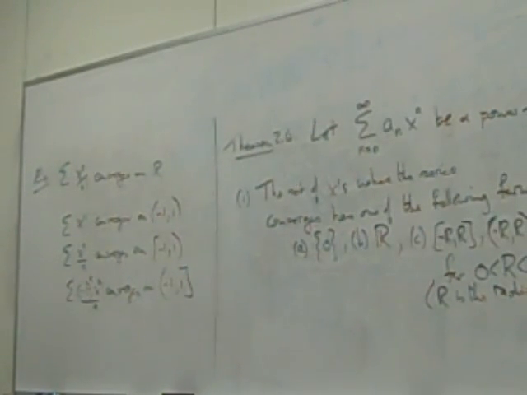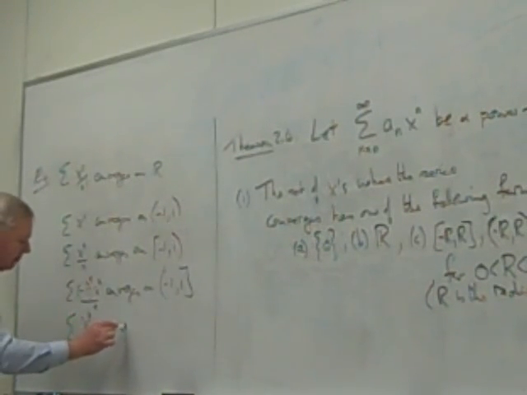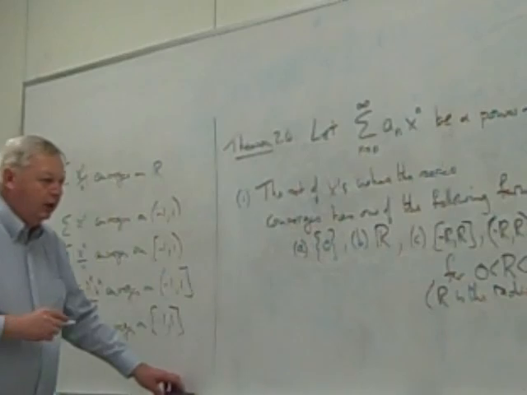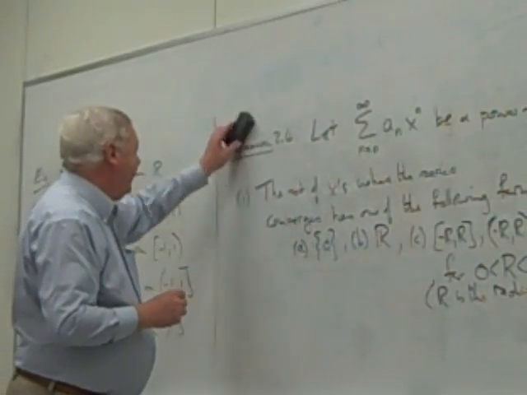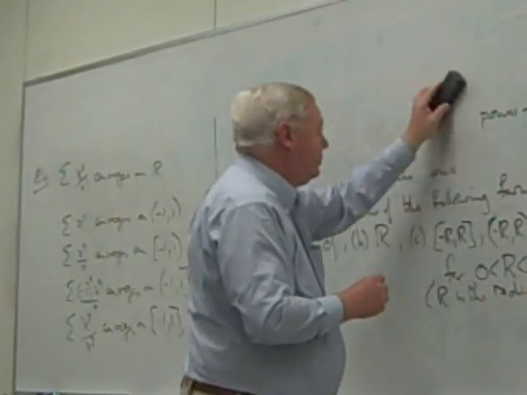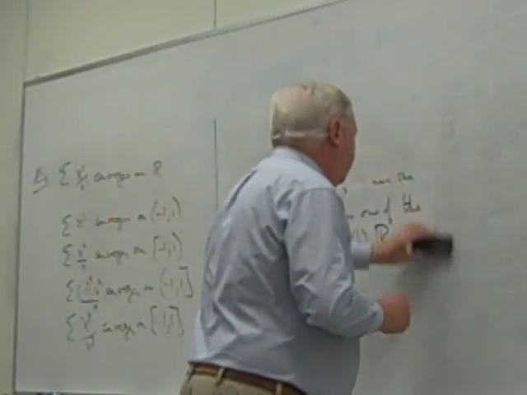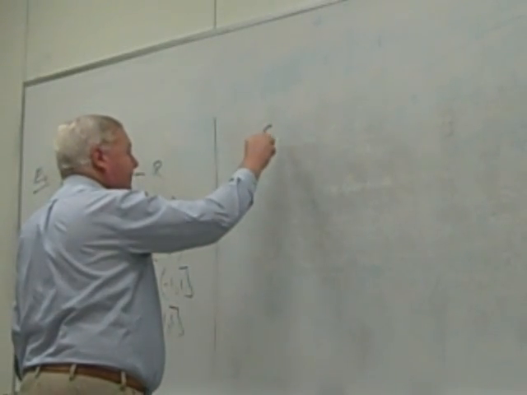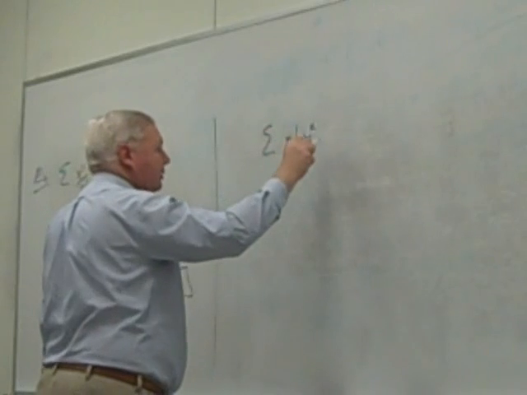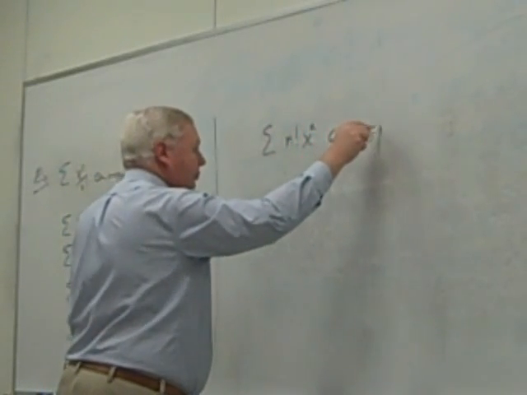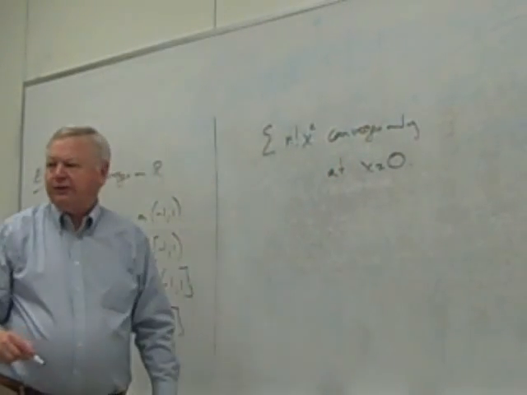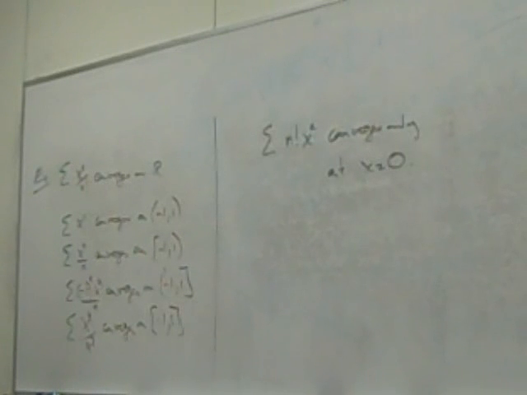What am I missing? I'm missing a closed interval. Sigma x to the n over n squared converges on the closed interval -1, 1. And the only example we don't have is the point 0. And for that, sigma n factorial x to the n converges only at x equals 0. Of course, any power series, when you plug in x equals 0, you'll get convergence.